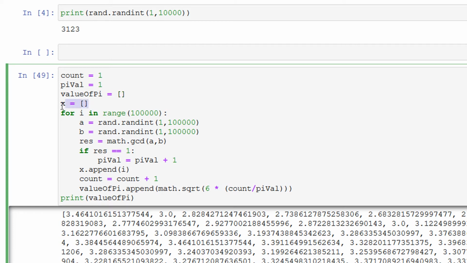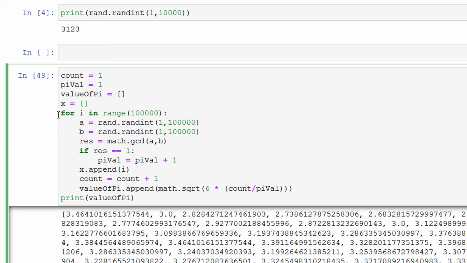And x will store the value of every count. That is, for the first count it will be 1, second count it will be 2, and so on. This x list I will use in plotting the graph.